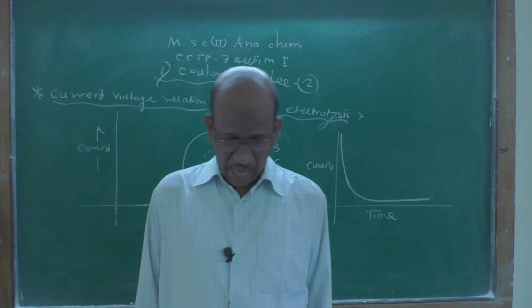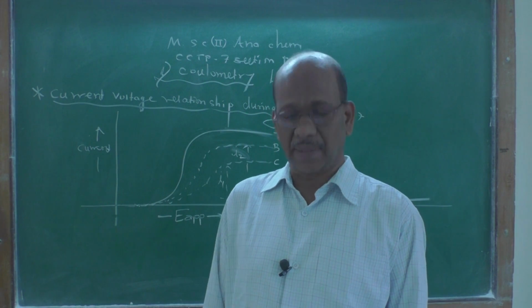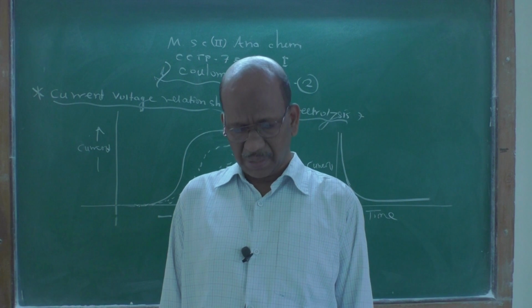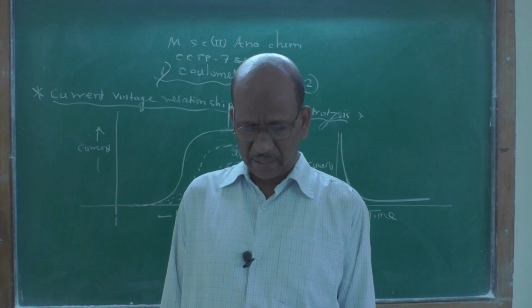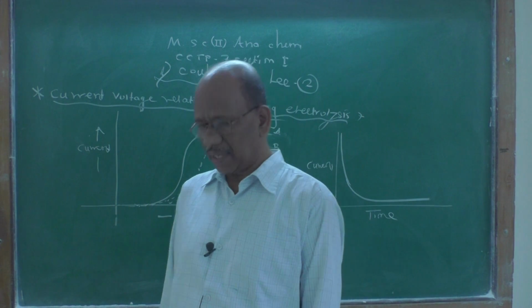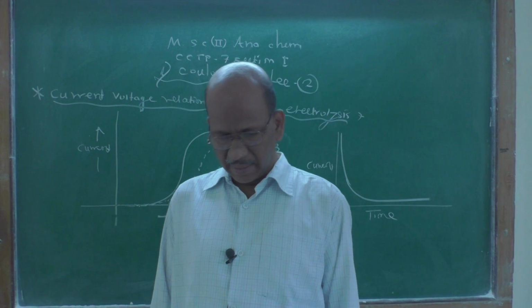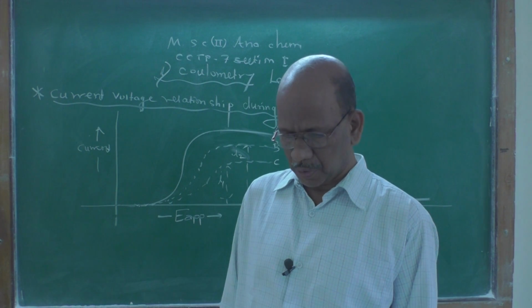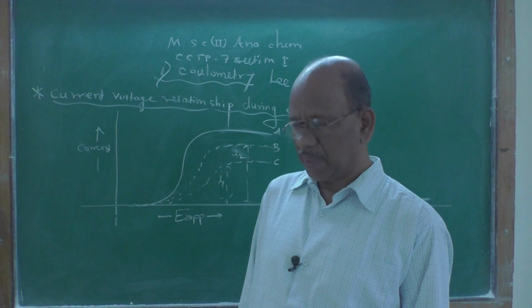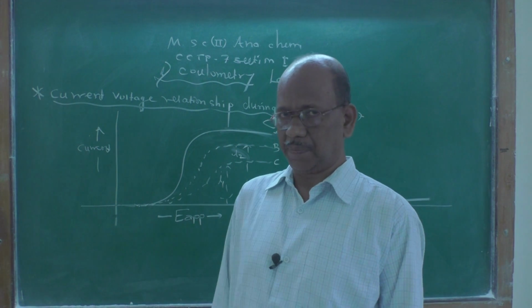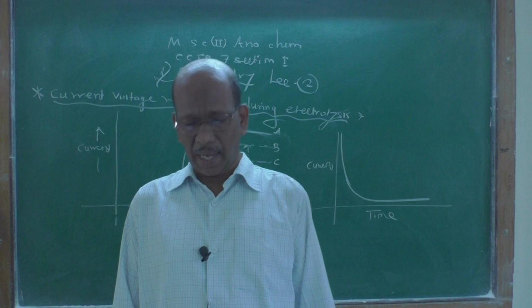I is the current in ampere and T is the time in second. So this is Faraday's first law: the amount of substance deposited or liberated at the electrode of a cell is directly proportional to the quantity of electricity passed through the solution. Solution means electrolyte.